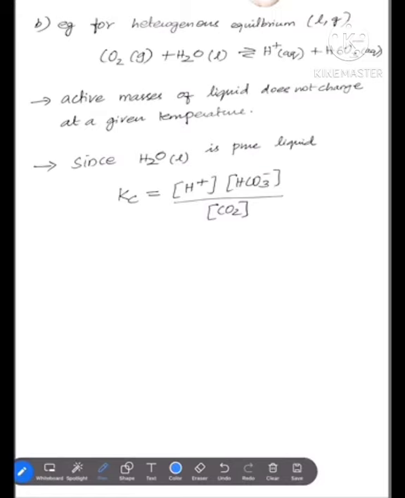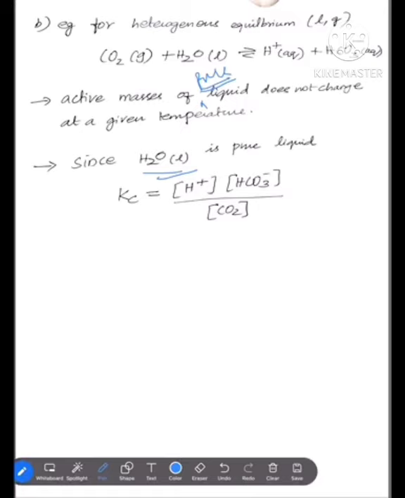The active mass of a pure liquid does not change at a given temperature. So here also only water is going to be the pure liquid. So you can just ignore the water term in the equilibrium constant, and you can just write Kc is equal to the concentration of H plus into the concentration of HCO3 minus divided by the concentration of carbon dioxide.